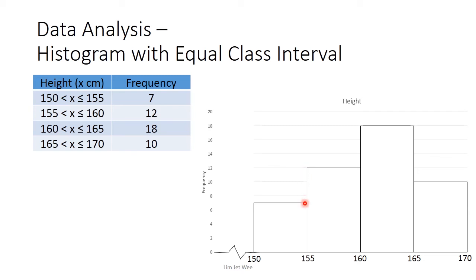So here's 155. Here's 12. See, this is for 12 all the way up to 160, and I will draw this rectangle, and I will continue to draw the rectangle for each of the class.